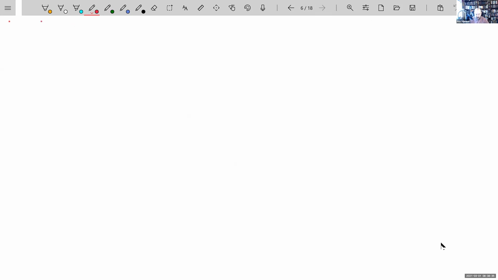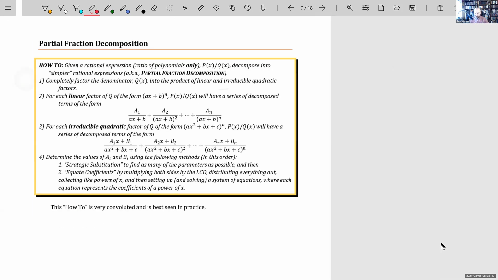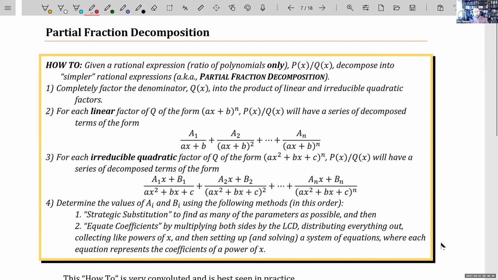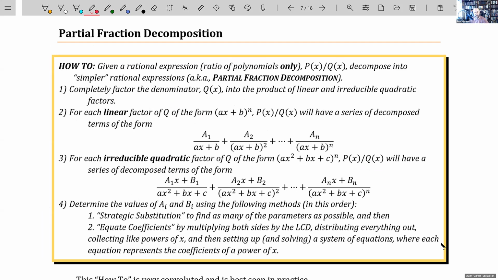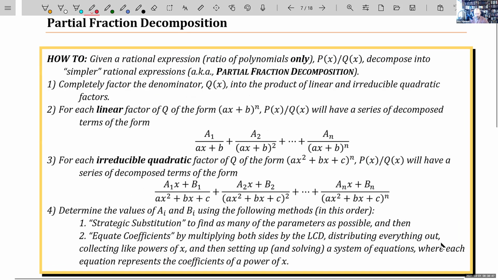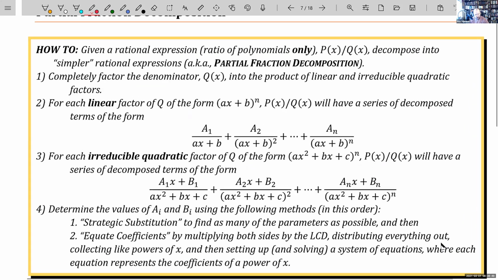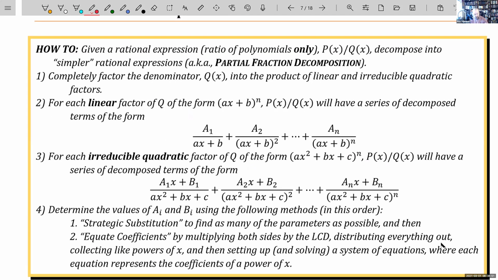All right. So here is partial fraction decomposition, which is the whole point of 7.4. It's all summarized basically right here. Partial fraction decomposition, how to. Given a rational function, a ratio of polynomials only, so important that I'm going to highlight that, because I'll often find students faced with some ratio of radicals who try to do this.